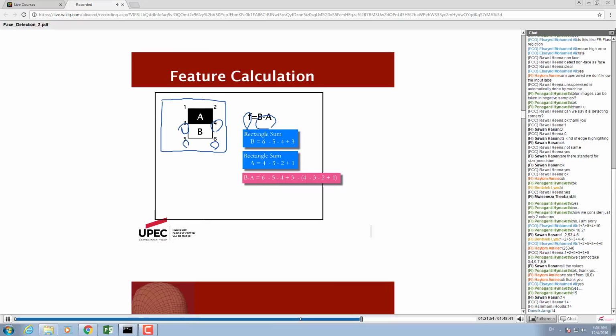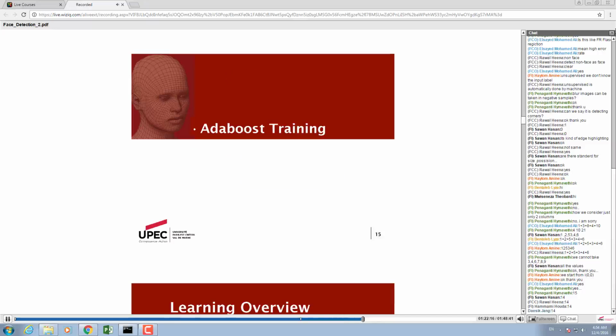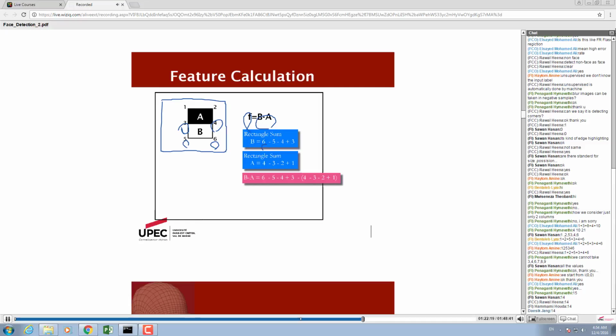Here, 3, 4, 5, 6 are the integral values at the corners of B. The sum inside this rectangle in the integral image is represented as 6 minus 5 minus 4 plus 3. Can you guess how it's working?